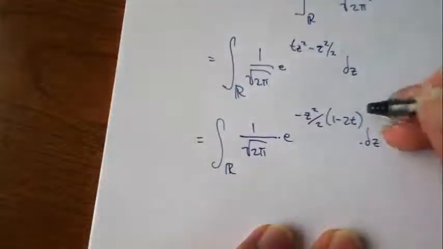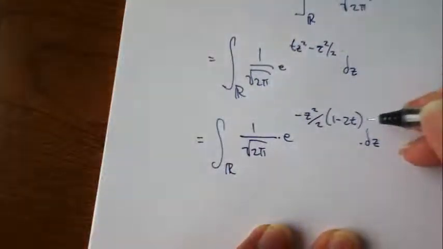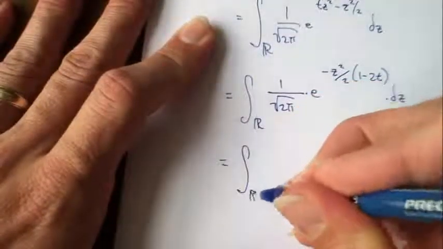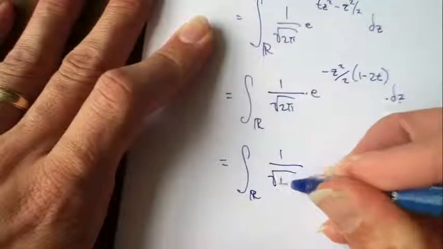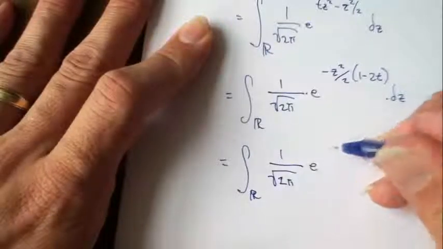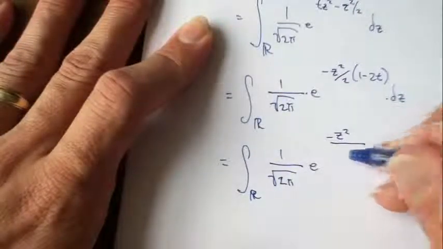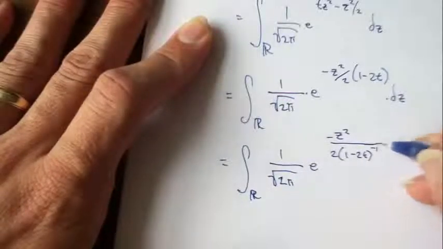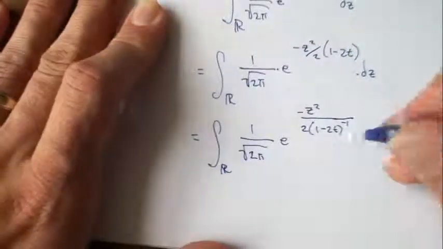First of all, let me rewrite this a little bit so that you see what I'm going to do here. e to the negative z squared over 2 times 1 minus 2t to the negative 1. I'm going to put that down there in the denominator of the exponent.